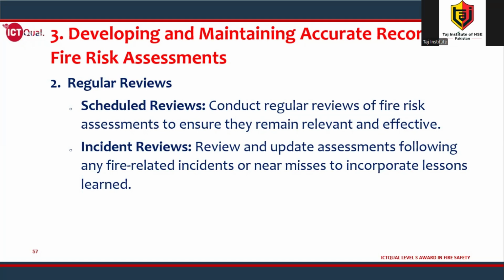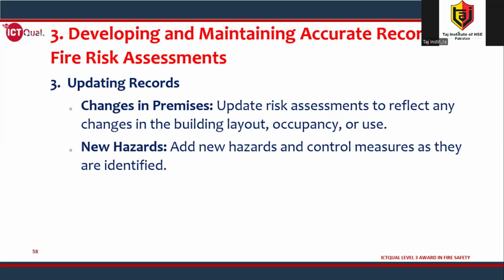Incident reviews: review and update assessments following any fire related incidents or near misses to incorporate lessons learned. Updating records: with changes in premises, update risk assessments to reflect any changes in the building layout, occupancy or use. New hazards: add new hazards and control measures as they are identified.